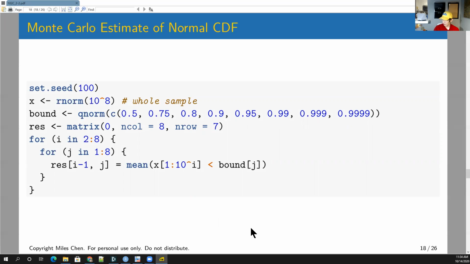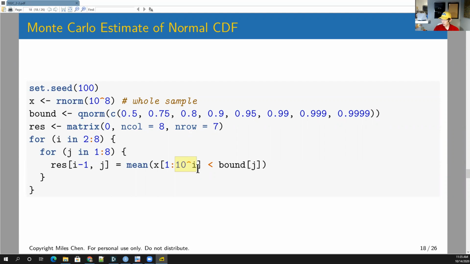What I can show is we can create a table for how our estimates improve as I take more and more samples. So this i goes from 2 through 8, meaning we're going to look at 10 squared, 100 values, 10 cubed, 1,000, 10 to the 4, 10 to the 5, all the way up to 10 to the 8.